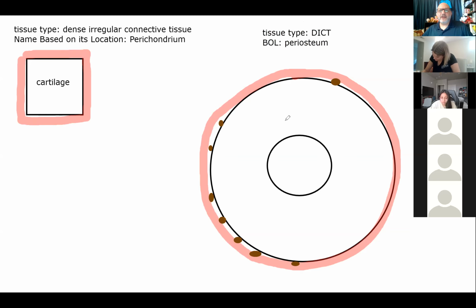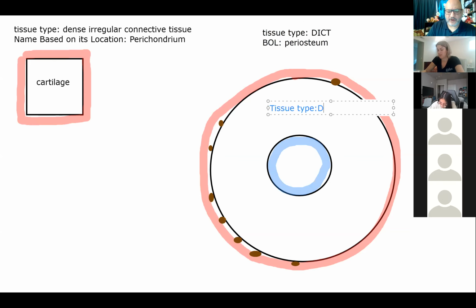It turns out there is yet another dense irregular connective tissue that lines the cavity of our bone as well. This is, yet again, a dense irregular connective tissue. But this one that is inside of the bone, there we go, is the endosteum.